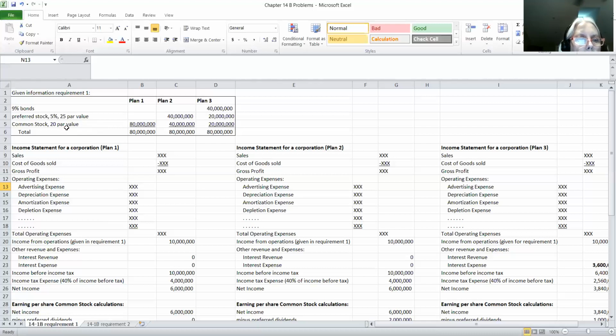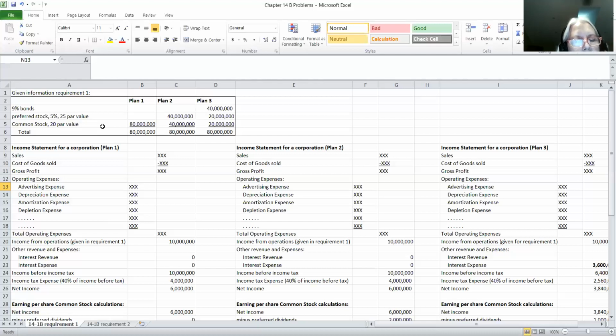You might remember on the balance sheet that we prepared in the last chapter that we would list common stock, we would list the par value, we would also list the shares authorized, which they did not give you in this problem, and we would have listed the shares that we have issued, which they didn't give you in this problem either.